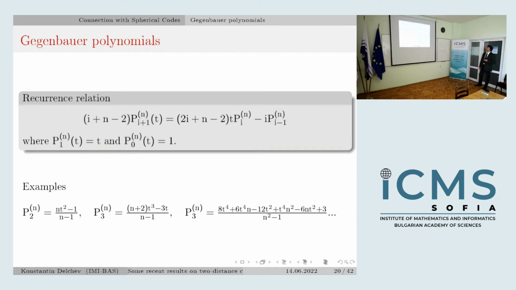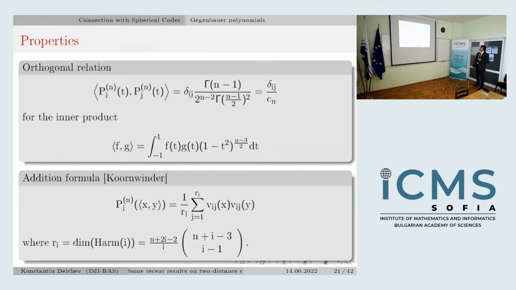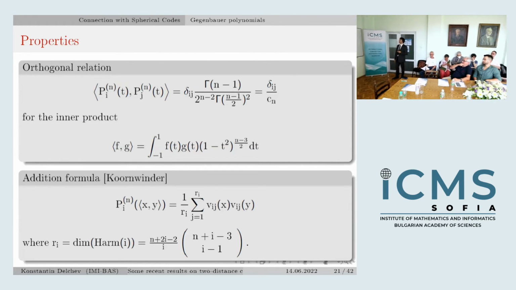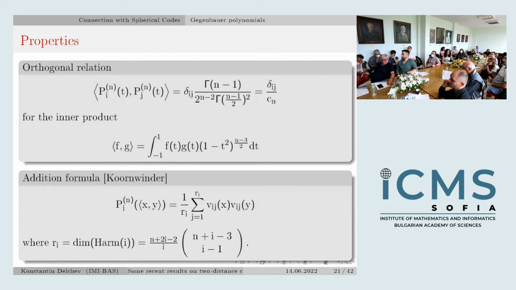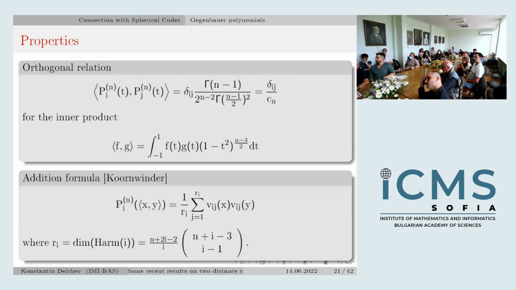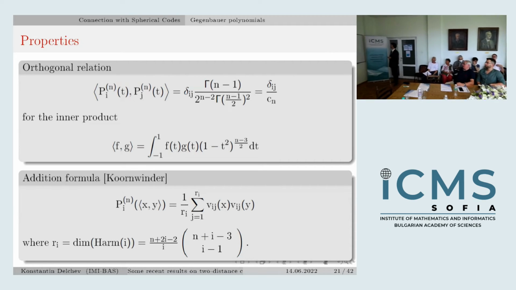They have these recurrence relations, and this is how they look in general. Again, they are dependent on the dimension in which we live. Again, because it's the same theory in a different space, we have these orthogonal relations, and we have this addition formula where the V are the non-normalized basis vectors of the harmonic spaces, and the other quantity is the dimension.